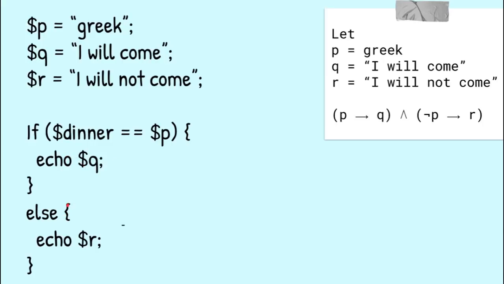Else, what else means is it's the opposite of whatever condition is in here. So if in here I wrote x equals 3, if x equals 3, this would execute. And if x didn't equal 3, this would execute. So else, echo, I will not come.